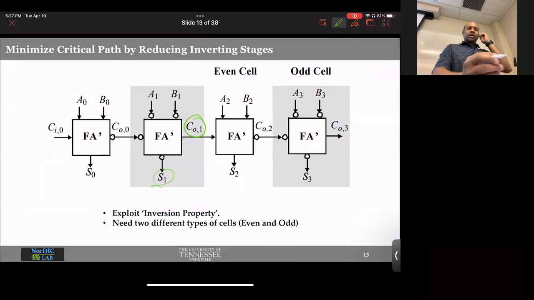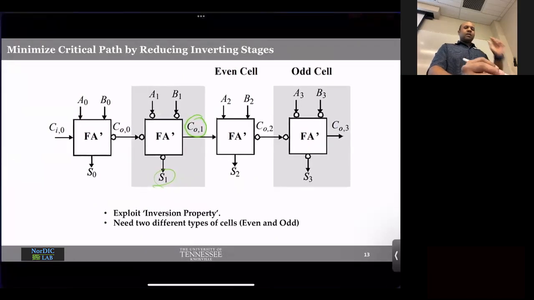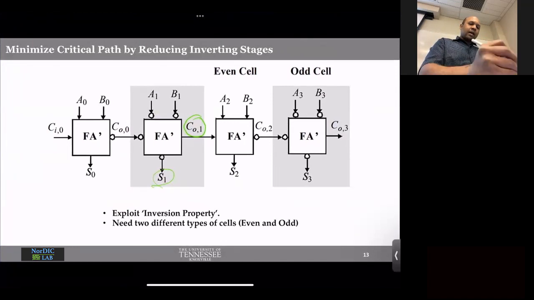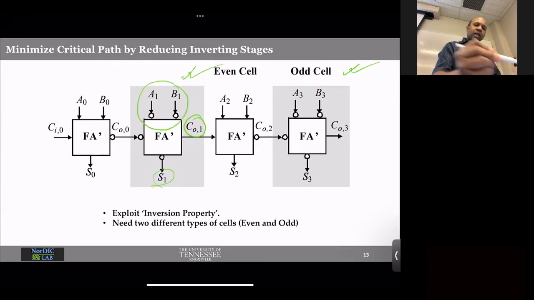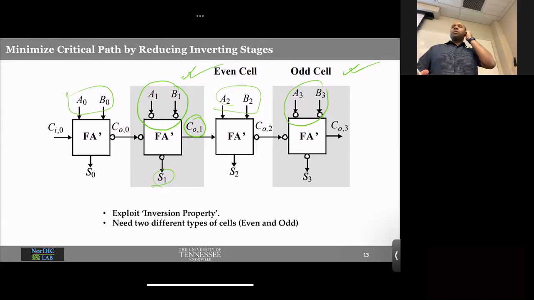Make sense? Okay. So apparently, you see these zones are grayed out because they are using inverted inputs and the other ones are using non-inverted inputs. By doing so, you are introducing 2 different types of cells.